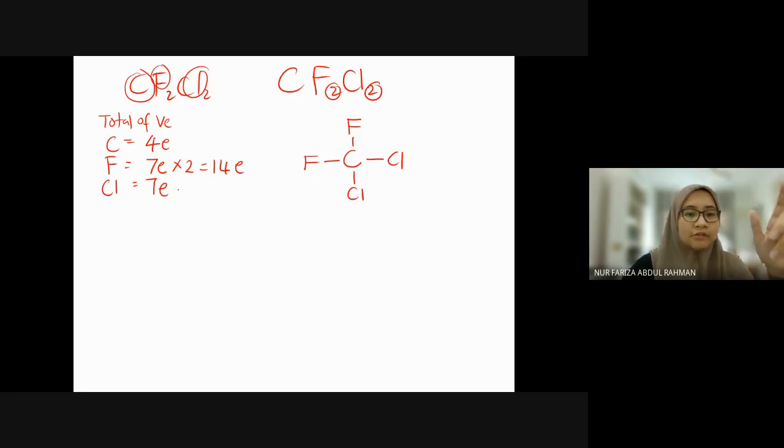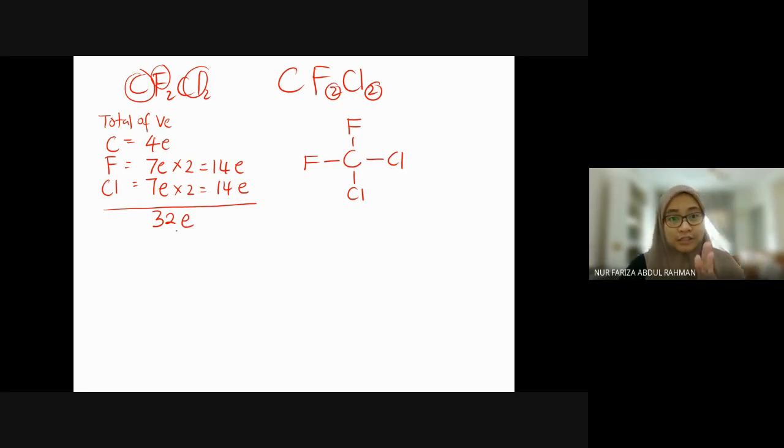Chlorine has 7 electrons times 2, so we have 14 electrons also. Now we total them. How many electrons do we have here? 28, 32. Is it right? This is the most important part; if you miscount, you will get strange numbers of electrons. So it should be 32 electrons.